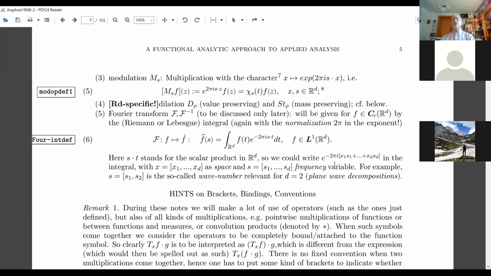So that's really how you can describe a plane wave. Put a profile of the form cosine of 2 pi s1 x1 in the horizontal and s2 in the vertical direction, and then you make a plane wave out of it, and that's all you need.